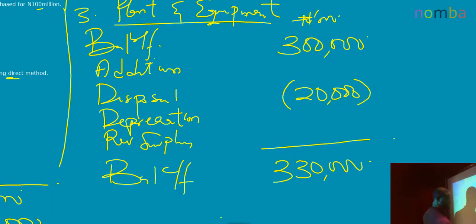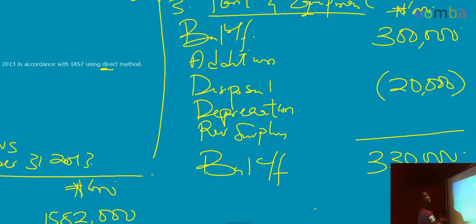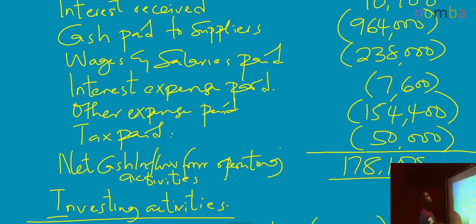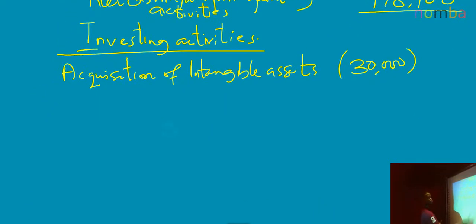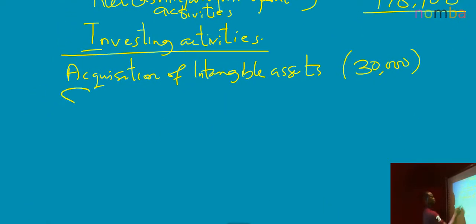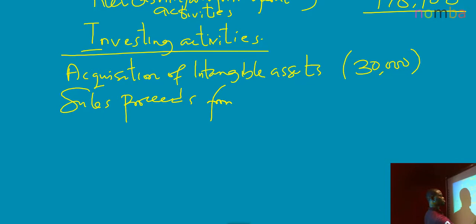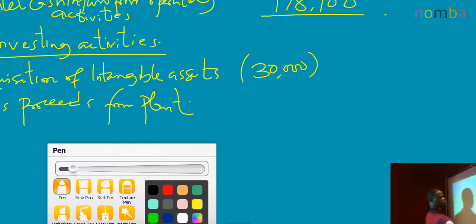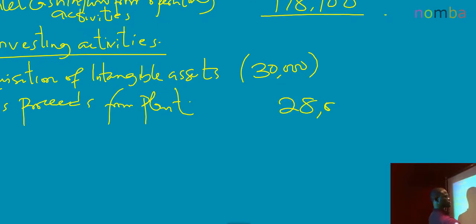While the amount you received corresponding to that disposal, which is 28,000, will go to my statement of cash flows. So, sales proceeds from plants. And this 28,000 will be an inflow.